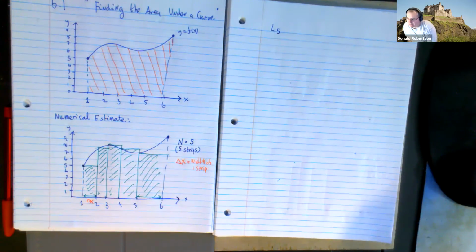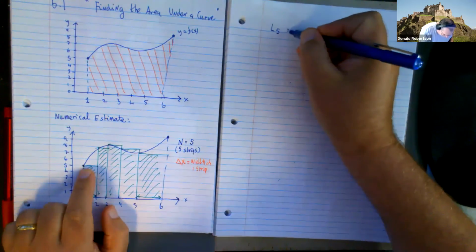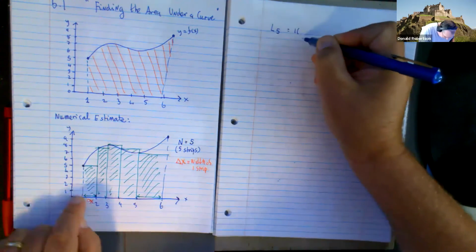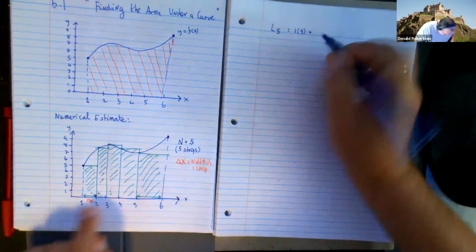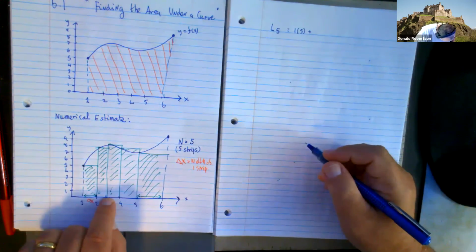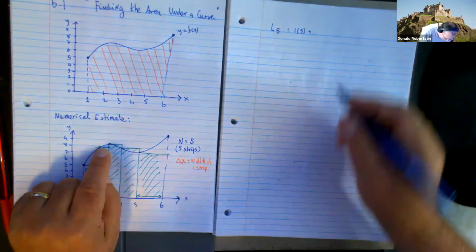The 5 means there are 5 strips, and the L means for each strip, use the left-hand side to get the height. In this case, the first strip is going to be 1 times the height of 5. The second strip is going to be 1 times, call it 7.9.